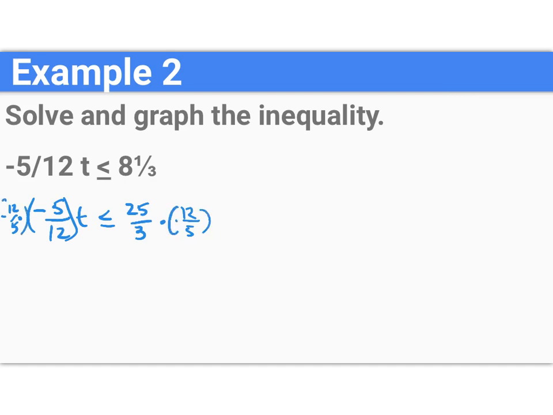Let's do a little fraction magic. 5 times 4 is 20, is negative 20. That flips. t is greater than or equal to negative 20. Negative 20, 0. Fill in a circle. Boom. All numbers greater than or equal to negative 20.